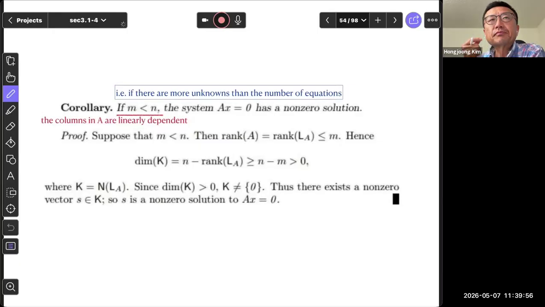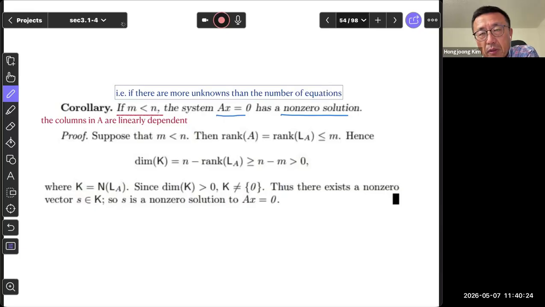Now, if m is less than n, then this homogeneous problem has a non-zero solution. But what does that mean? If m is less than n, that means you have more columns than equations.